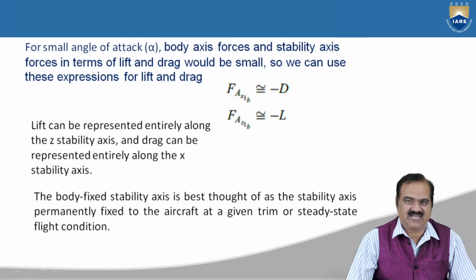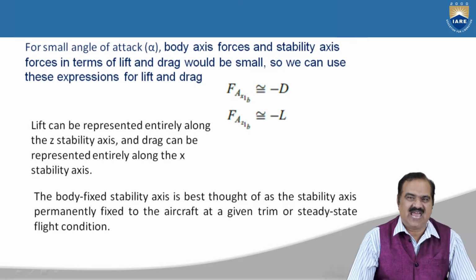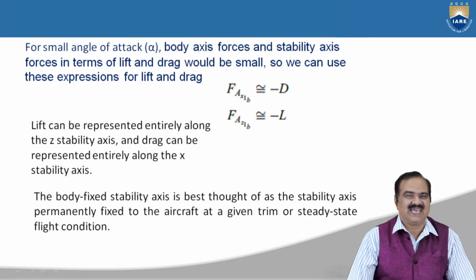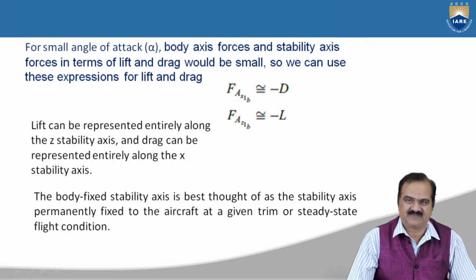Lift can be represented entirely along the Z stability axis and drag can be represented entirely along the X stability axis. So by this representation, we can say that the lift is always in the direction of Z and the drag is always in the direction of X.